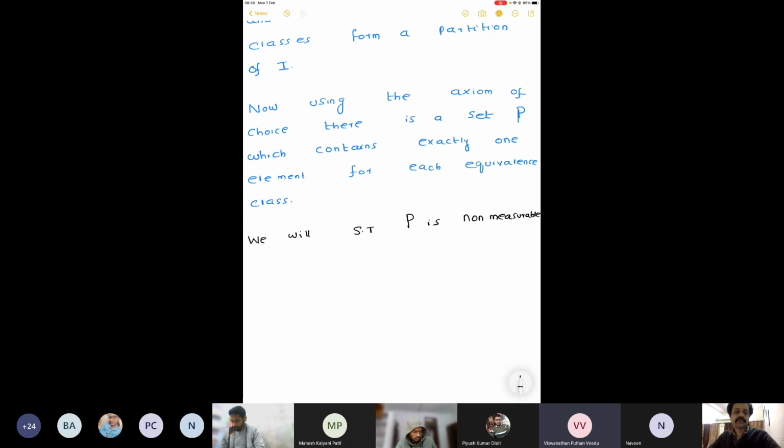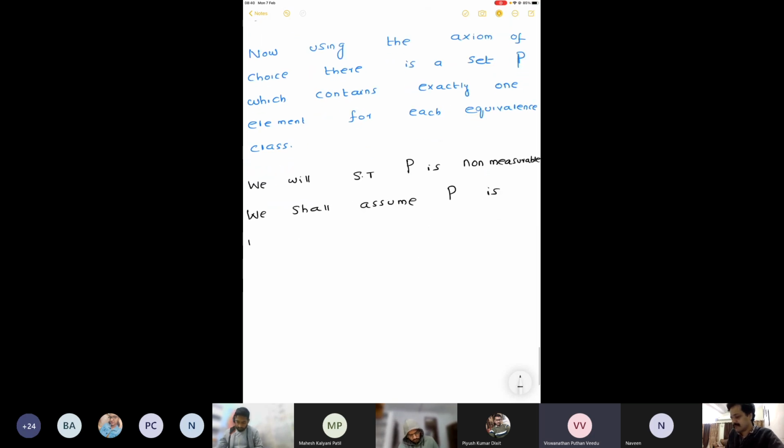For that, we will assume that P is measurable and get a contradiction. But we need some more things to reach that level. We shall assume P is measurable and reach a contradiction.